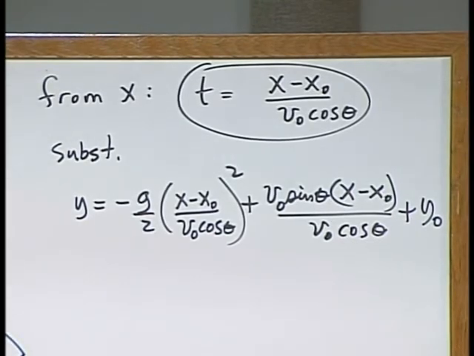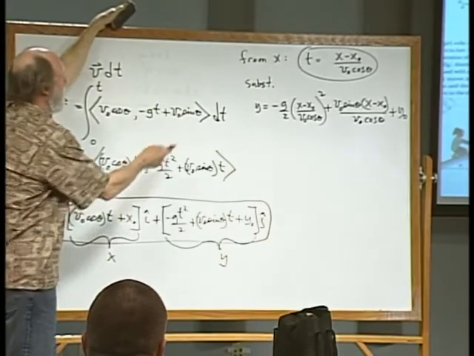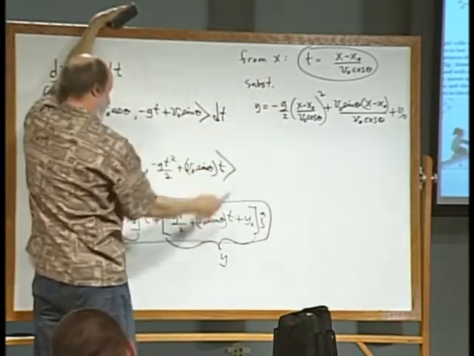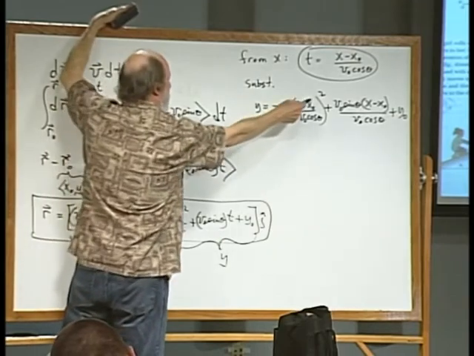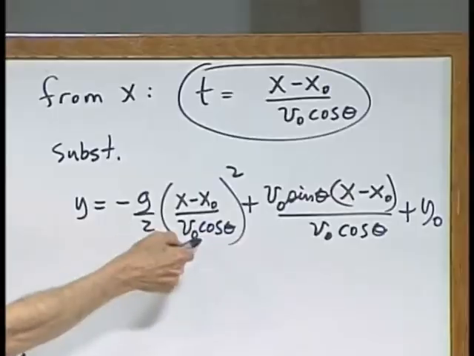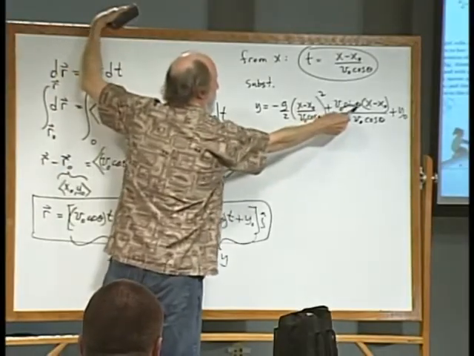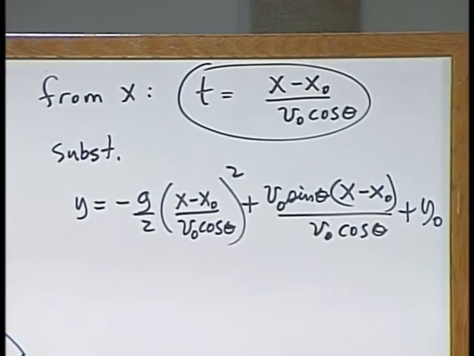So I took the expression for x being equal to this part of our position equation, and I solved it for t, and I substituted that into this equation for y. Minus g over 2 times the t squared term plus v naught sine theta times the t term plus the initial y position.